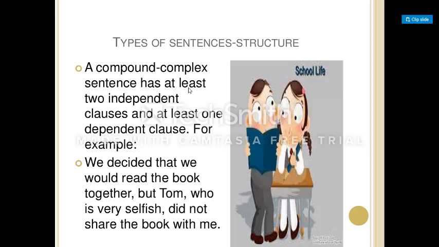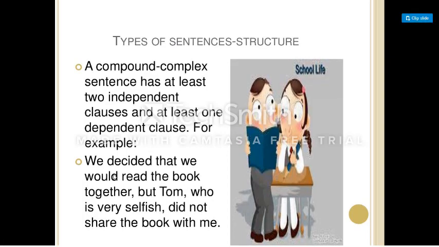It has at least two independent clauses and at least one dependent clause. For example, we decided that we would read the book together, but Tom, who is very selfish, did not share the book with me.